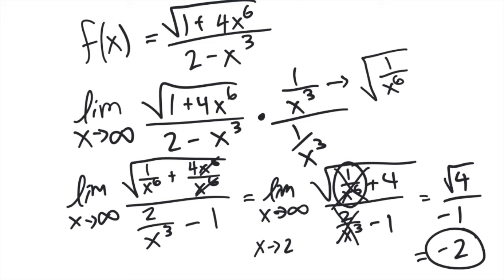It doesn't. 1 over infinity is 0, but if you only had x going to 2, that would end up being a 1 over 2 to the sixth inside there. That's not just 0. That's an even more complicated fraction that you've introduced by trying to use this approach. So this only works when you have x going to infinity.